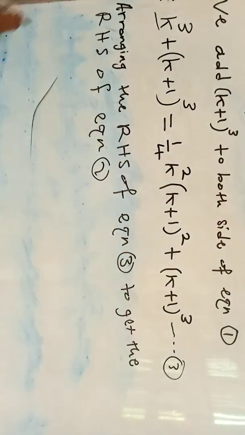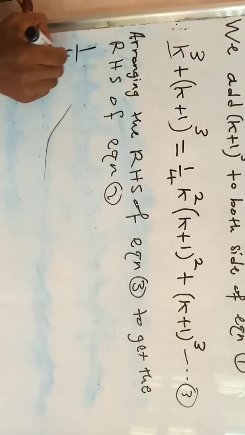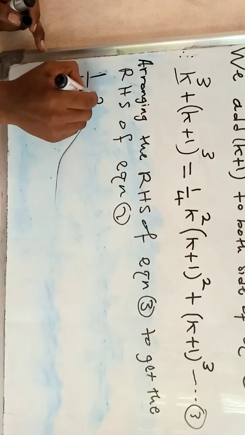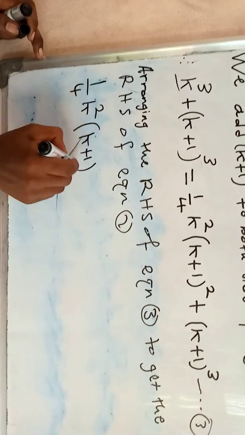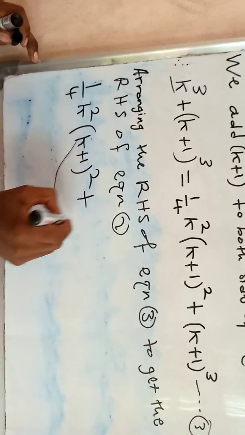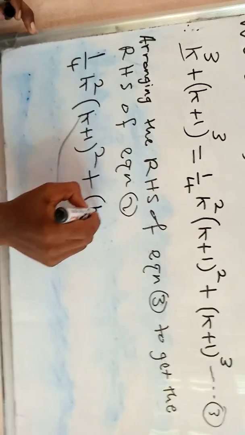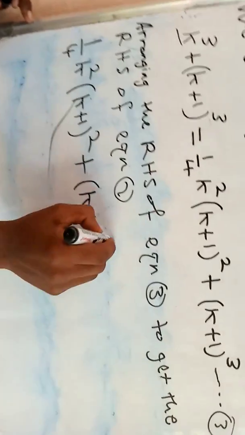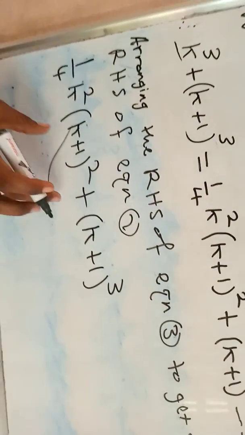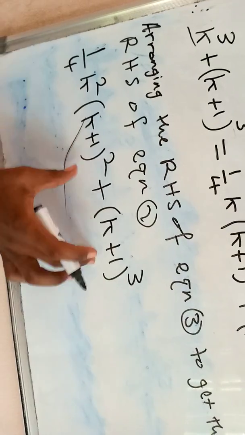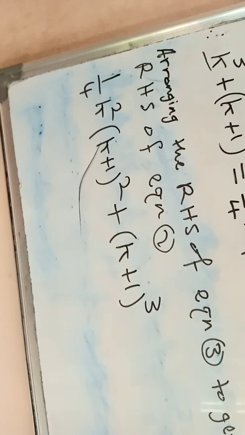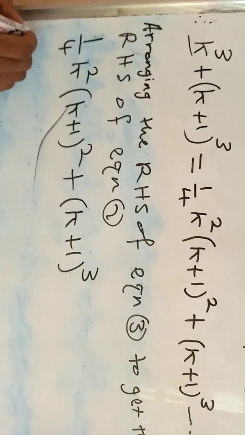This is the right hand side. We have 1 over 4 k square bracket k plus 1 square plus k plus 1 cube. Something is common here. K plus 1 square is common to both sides, so we are going to factor out k plus 1 square.